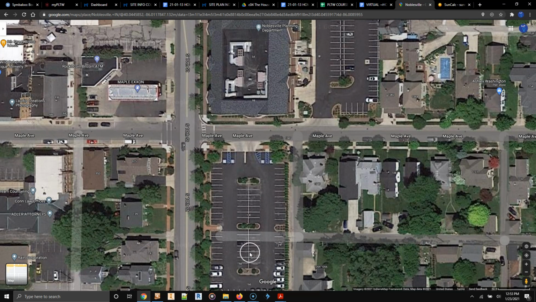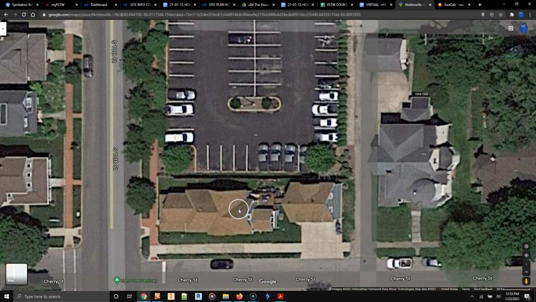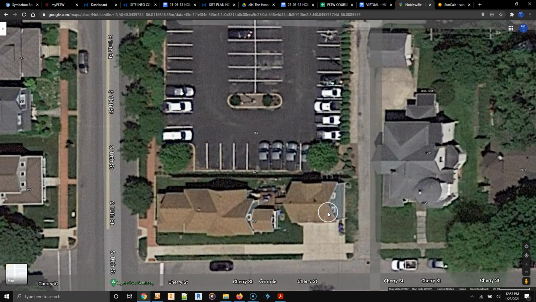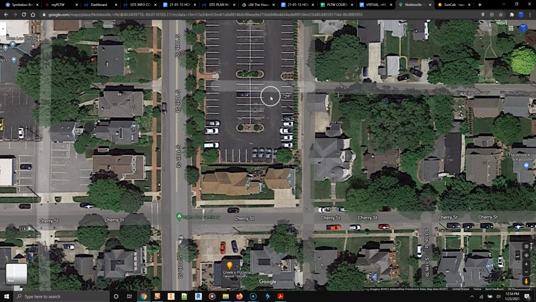So for site design, you would probably want to put some sort of privacy fence here between your building and the parking lot here. And if you want to see an example of that, if you go immediately south, you can see that there is a residential structure here, and that's exactly what they did. If you follow this across their backyard, there is a fence that goes between their house and this parking lot. So that's important to understand.